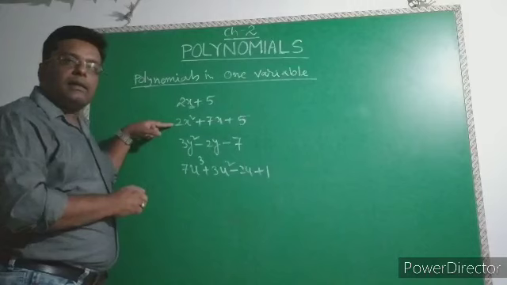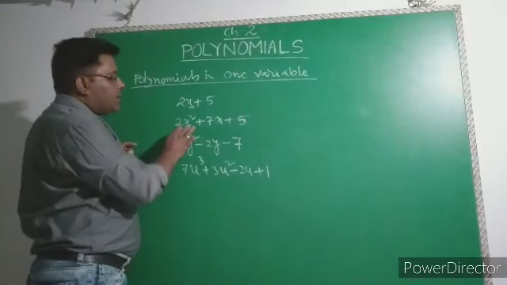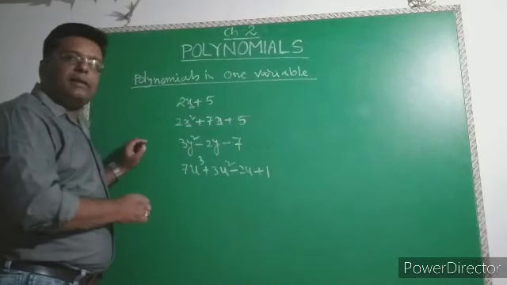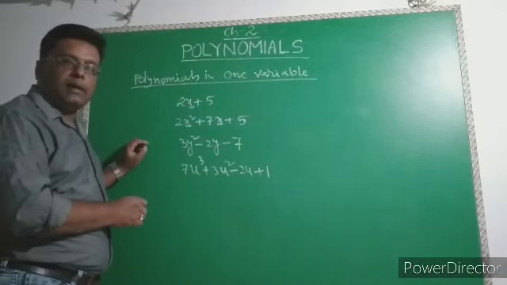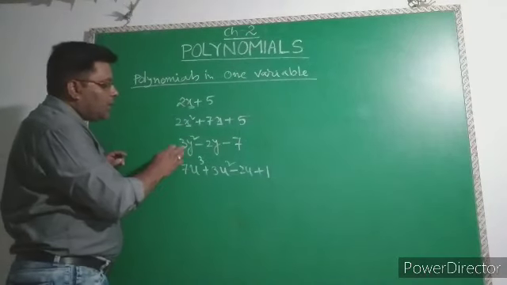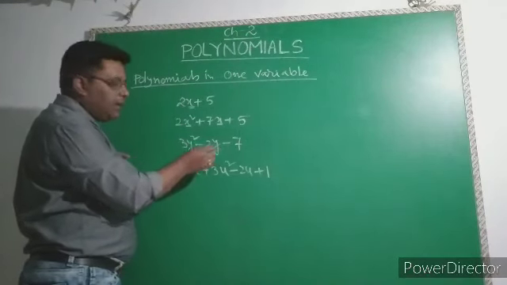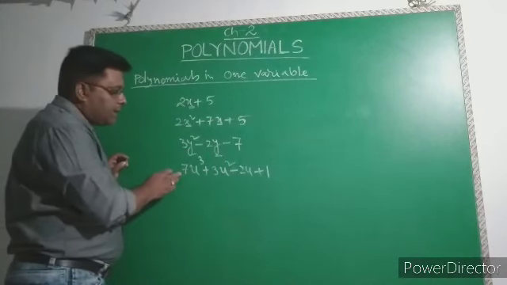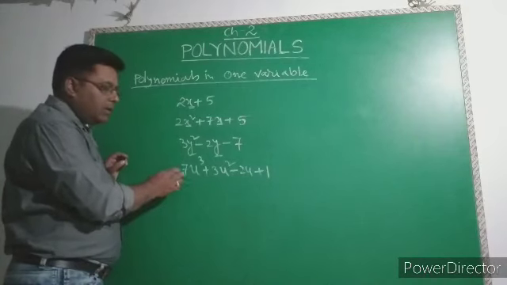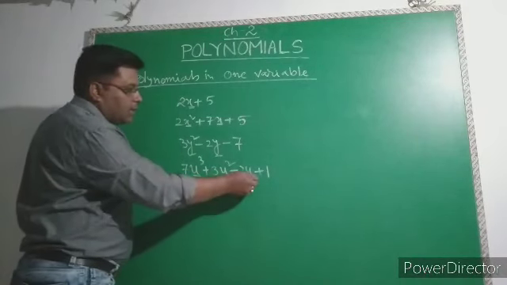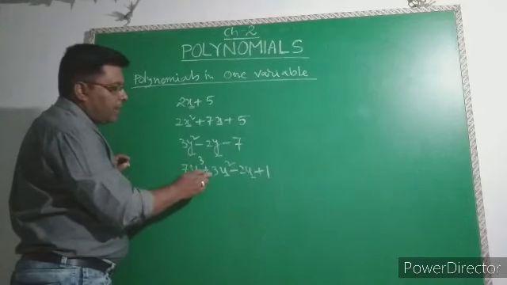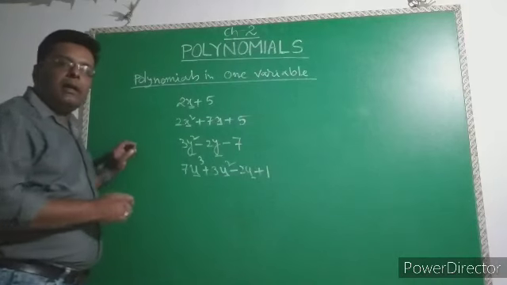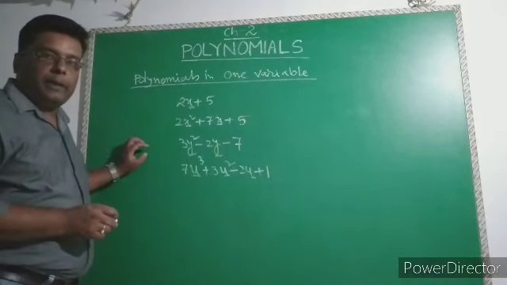In the second expression, twice x square plus 7x plus 5, x is the variable. And here also 3y square minus twice y minus 7, y is the variable. And in this algebraic expression, 7u cube plus 3u square minus twice u plus 1, u is the only variable here.